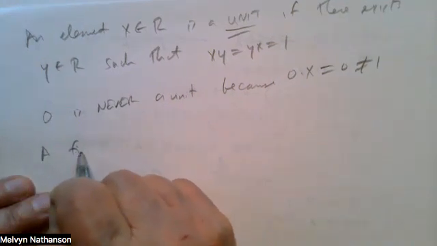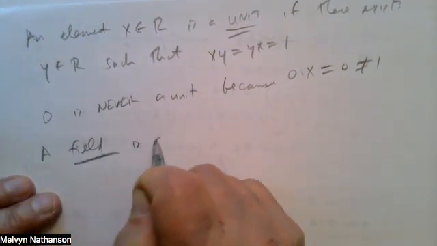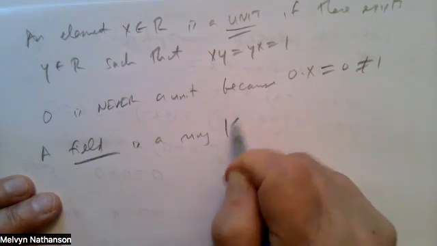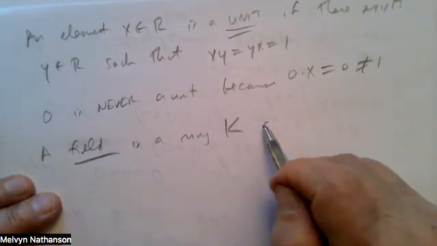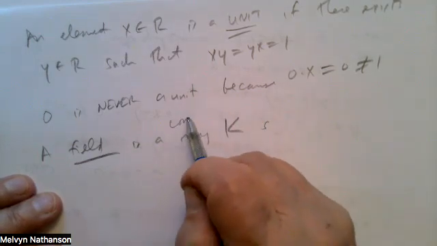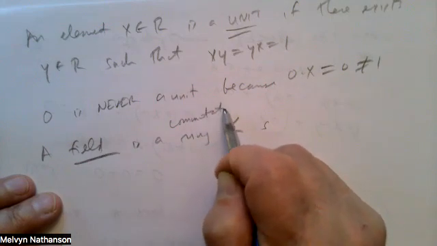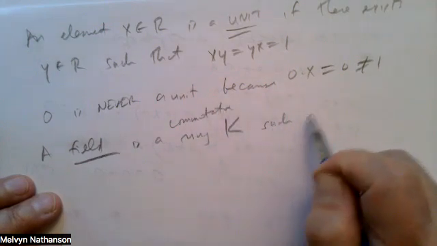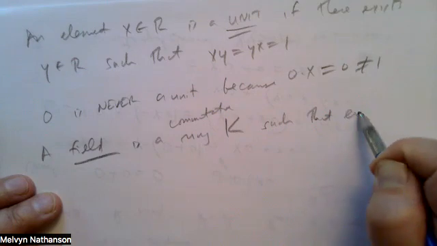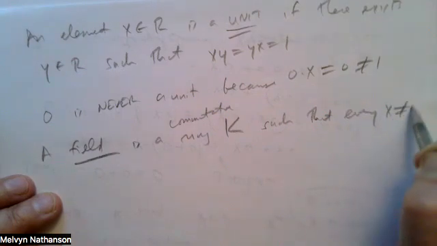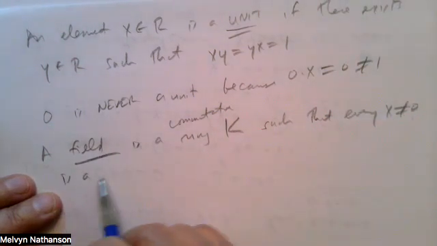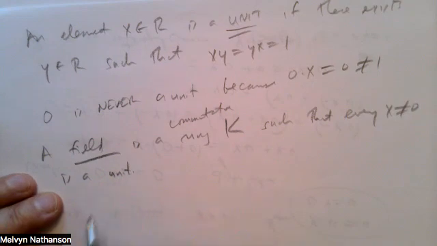A field is a ring, let me call it K. It's a commutative ring such that every x not equal to 0 is a unit.